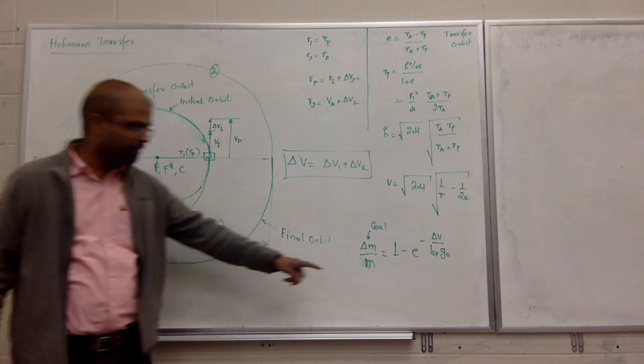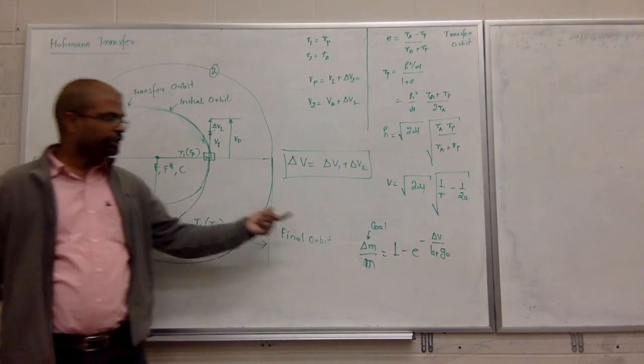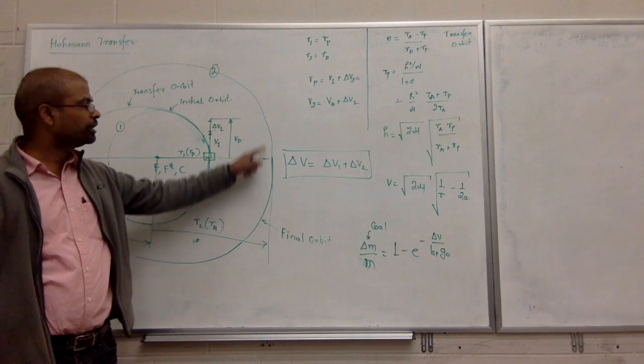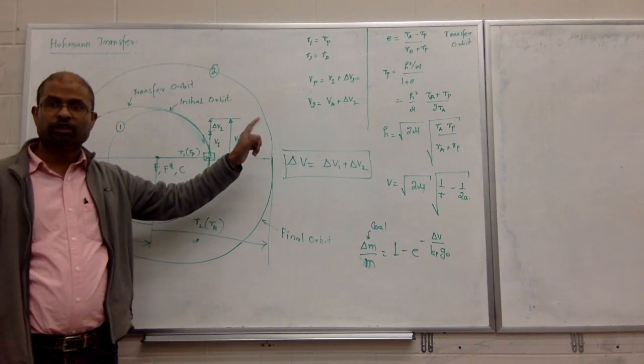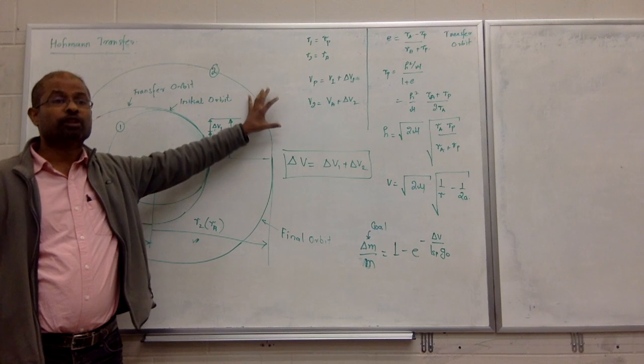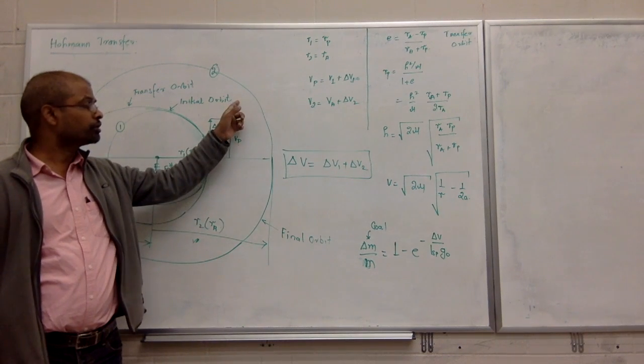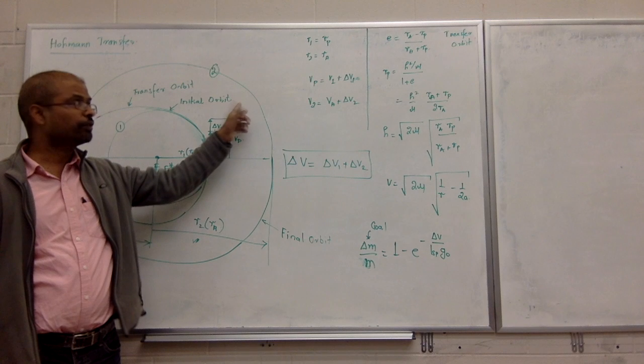You know the spacecraft mass at this point, right? You need to figure out what this will be defined, right? You said we need to get into a 2000 kilometer circular orbit to do this observation. So if you say 2000 kilometers, what is that value?